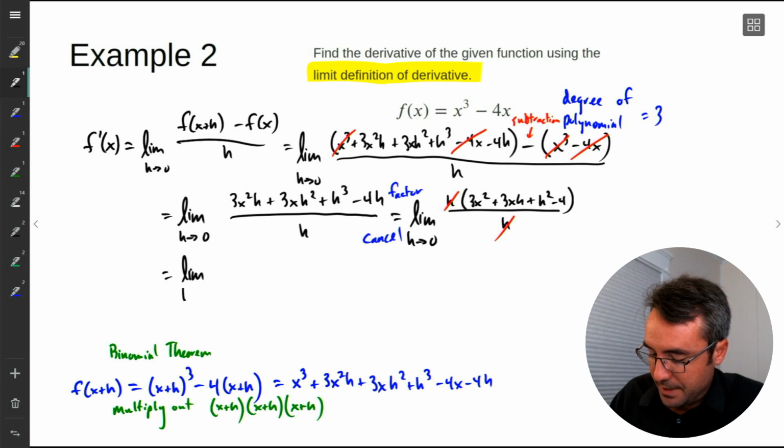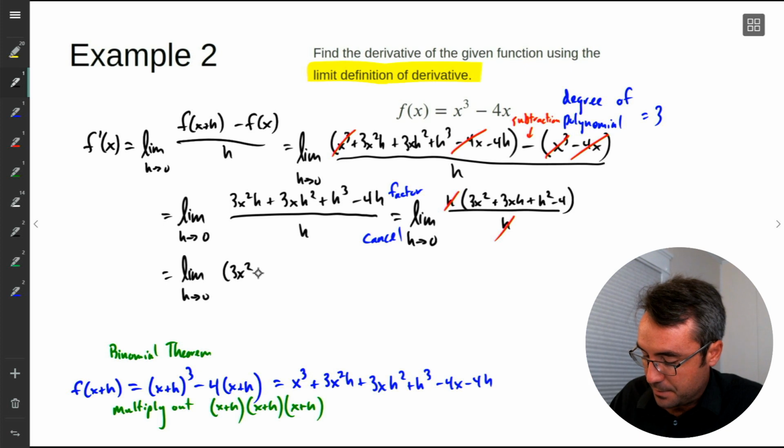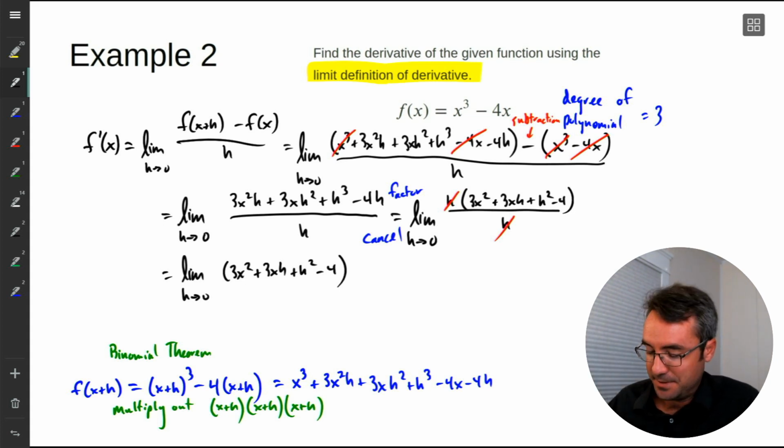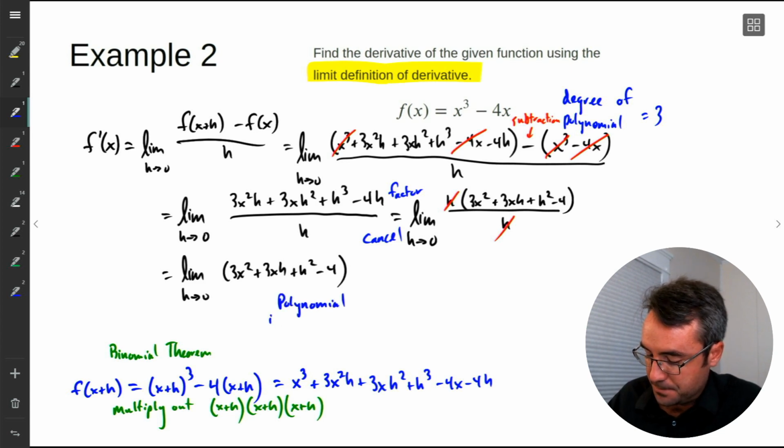So we end up with the limit as h goes to 0 of 3x squared plus 3xh plus h squared minus 4. And let's do the limit of that as h goes to 0. And when we look at this, this is now a polynomial all in terms of h.